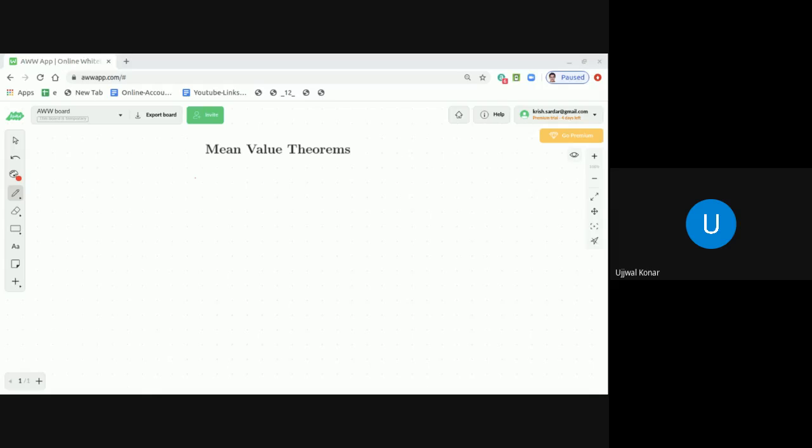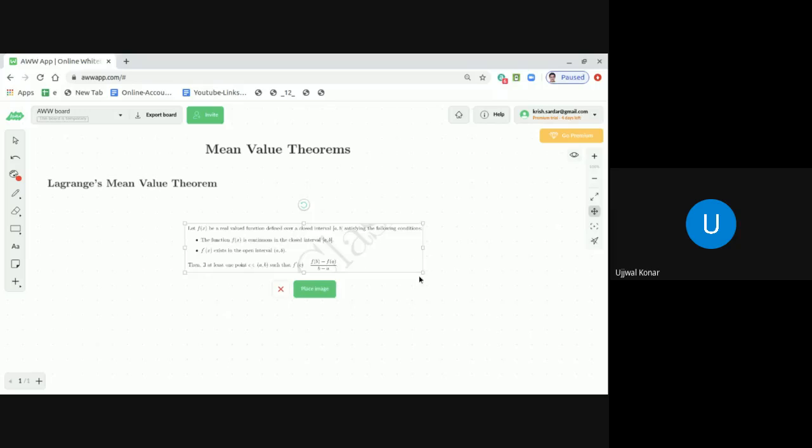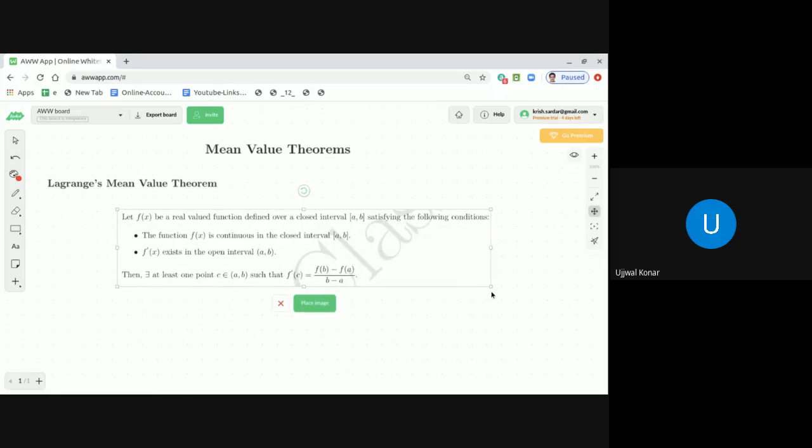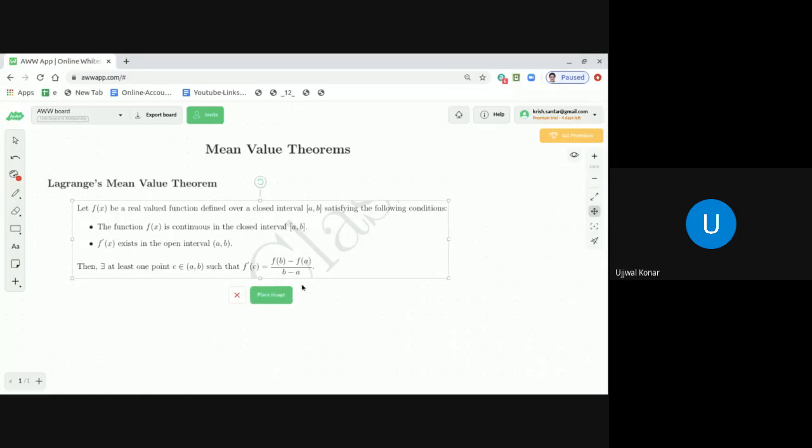Sometimes this is also known as the mean value theorem. What is Lagrange's mean value theorem? Let me first place the statement in front of you, dear students. After that, we will discuss in detail. Lagrange's mean value theorem says something like this.